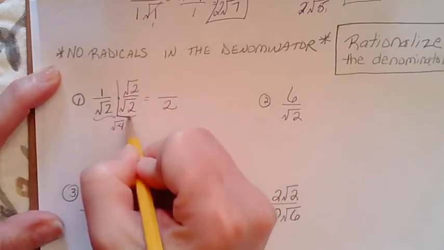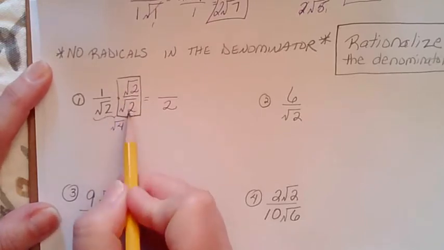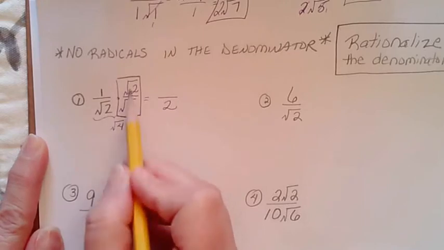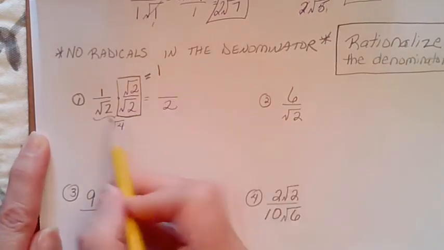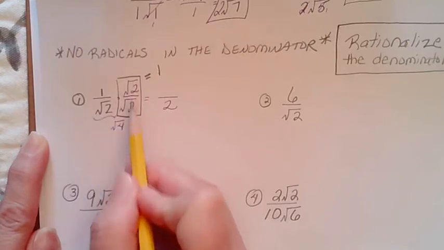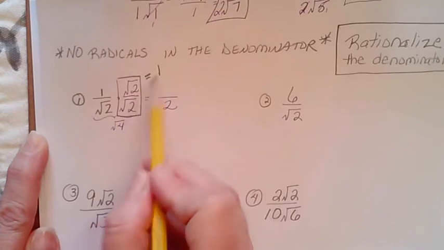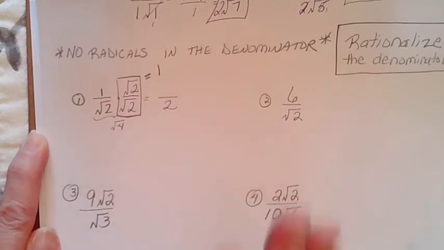When I multiply my original fraction times radical 2 over radical 2, remember this number here, if you were to simplify it, it's equal to 1. You're multiplying something times the number 1. Okay, it doesn't look like 1, but whenever you multiply a number by what's essentially 1, you're not changing the value.